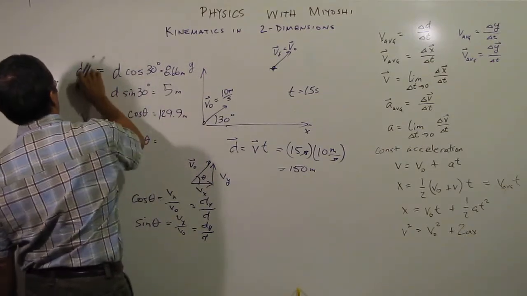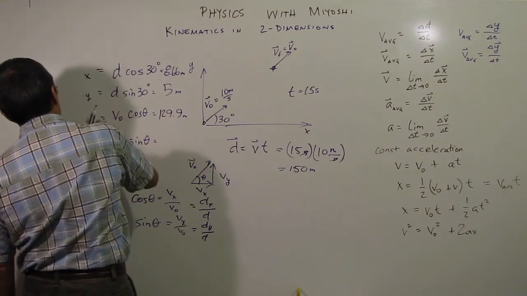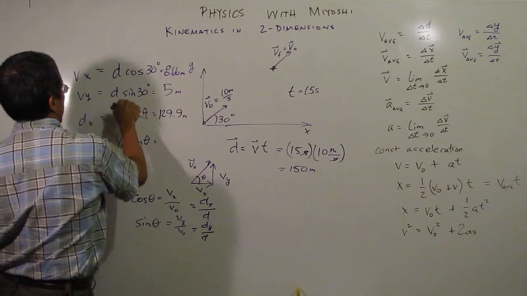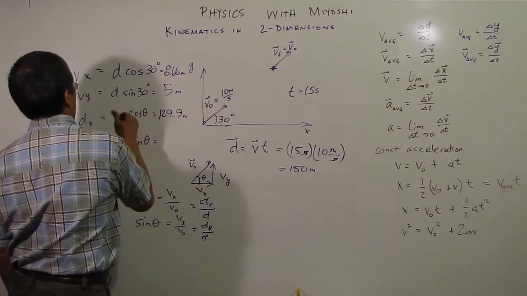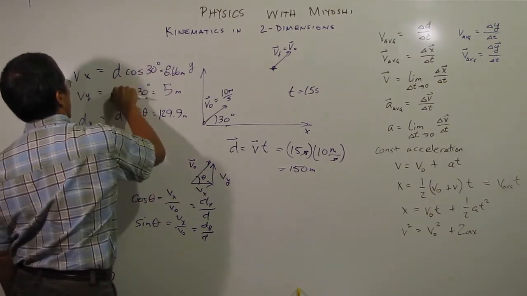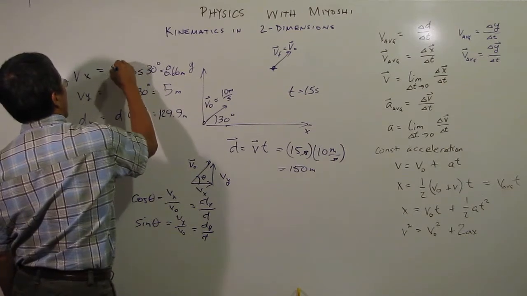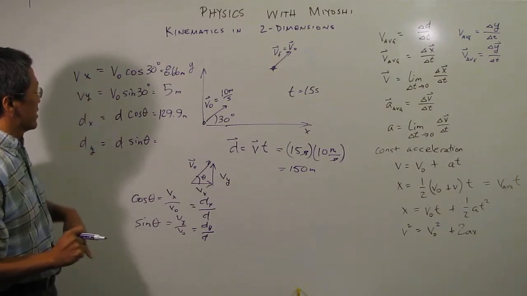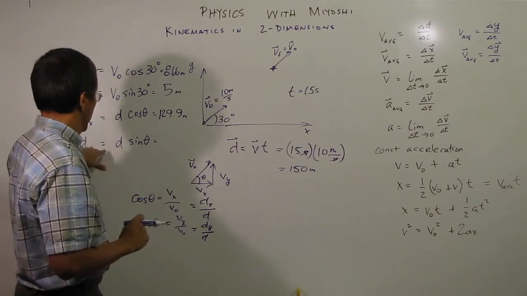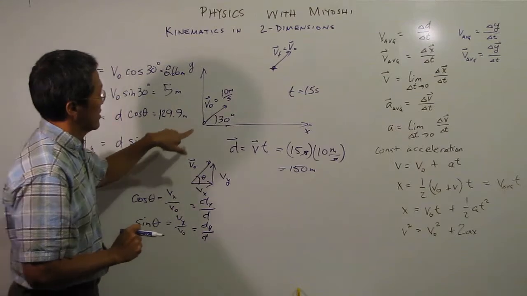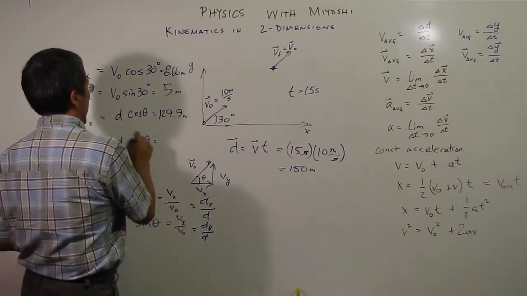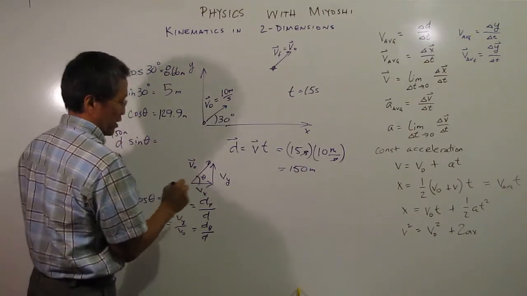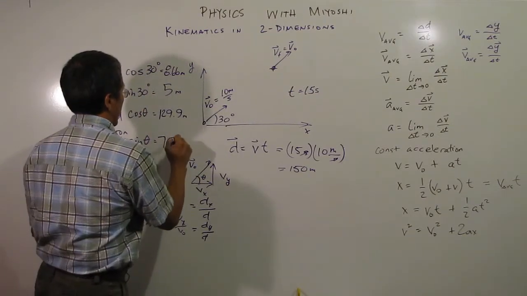This should be our vx, vy, dx, dy, d and d. This is v0, v0. Sorry if I confused you a little bit there. That should be then dy, d, 150 meters times that guy, that's 150 meters, times the sine of theta would give me 75 meters.